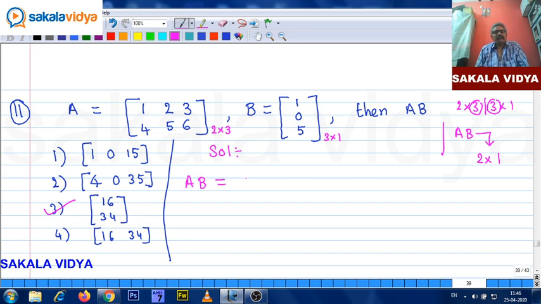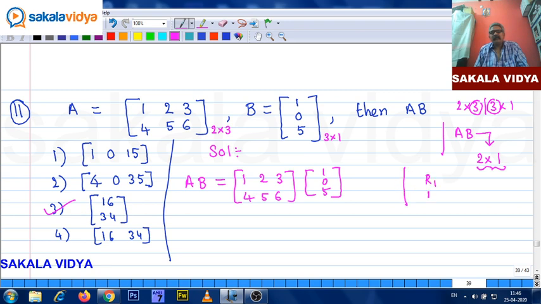AB equals 1, 2, 3, 4, 5, 6 multiplied by 1, 0, 5. Keeping in view the order of the resulting matrix, we need to multiply. This is R1, this is R2. R1 C1, R2 C1. You get it like this. Row 1 and row 2 are multiplied with only one column, C1.